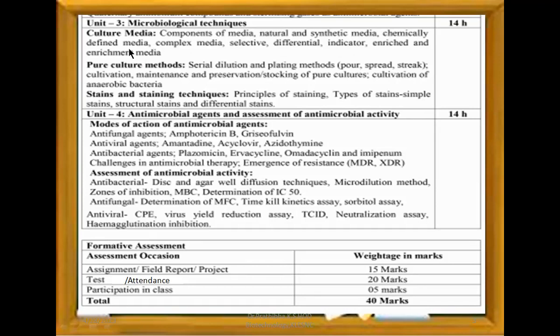So these are the different varieties of culture media. Further, you are going to learn about pure culture methods, where you need to understand serial dilution techniques and plating methods: pour plate, spread plate, streak plate.